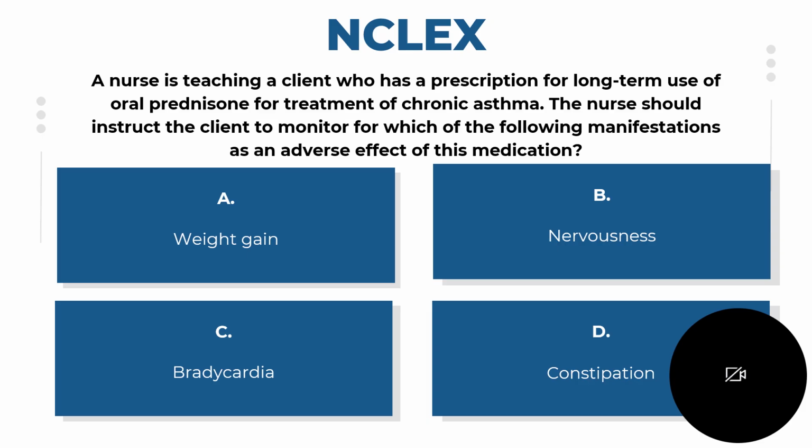They could gain weight. It does. Have y'all ever been on steroids? They make you the hungriest person on the planet. You want to eat everything in sight. So weight gain is a side effect, and I don't think I've said that up to this point, but it is. Nervousness, I get you. You're not wrong. It does increase your anxiety. So, I said the answer's A, but I will accept B.